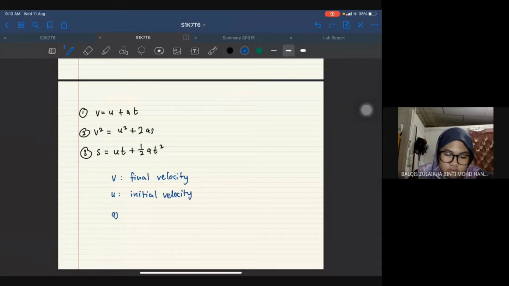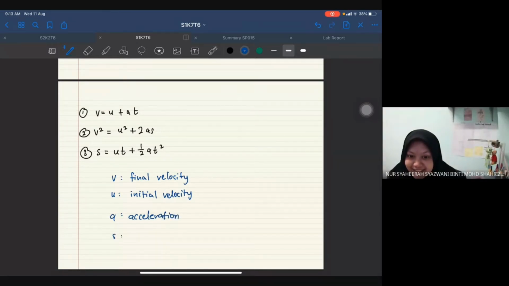How about acceleration? A is acceleration lah, obviously. S? Displacement. Yes. And then T is obviously time.